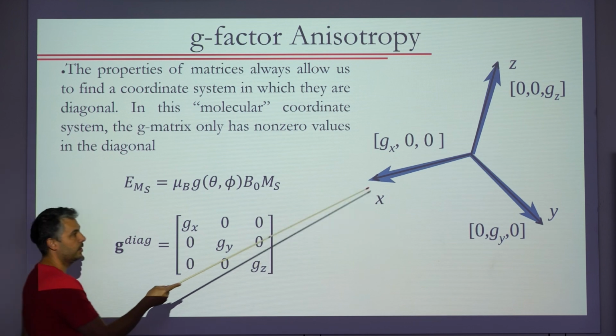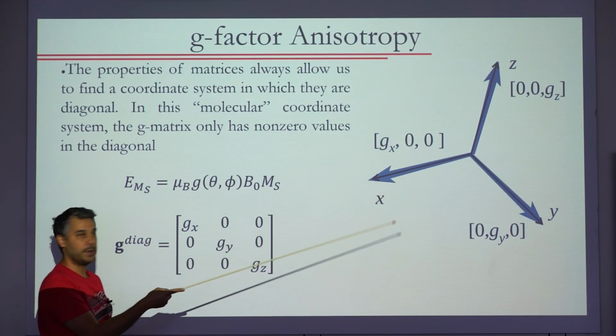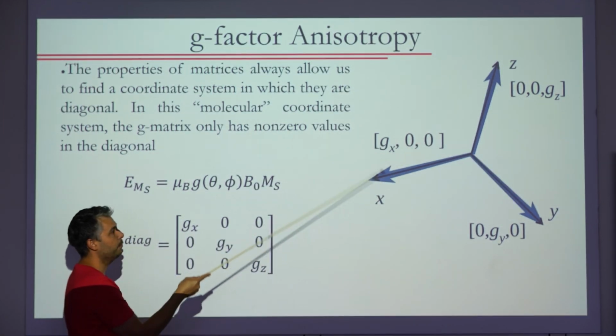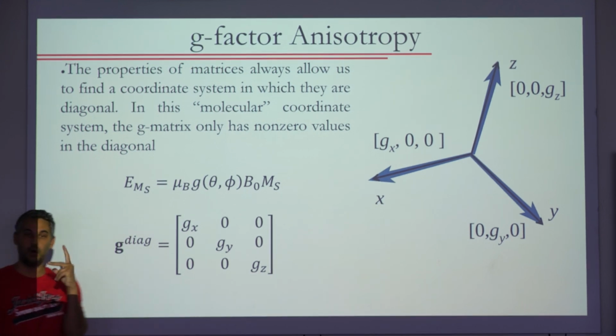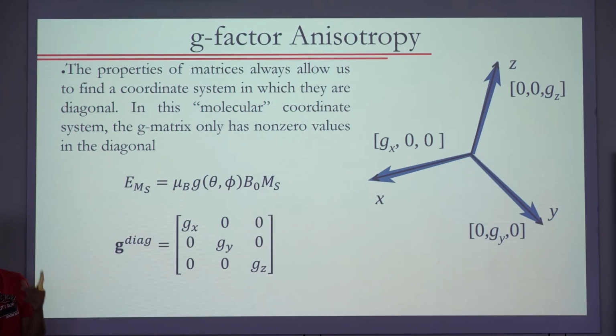If I move the axes of my experimental system x, y, z to match the orientations of the G matrix vectors, then in that coordinate system your G matrix is diagonal. You can always find a way to get from a full matrix to a diagonal matrix, which is of course much simpler. Then you get only 3 values and the others are 0.